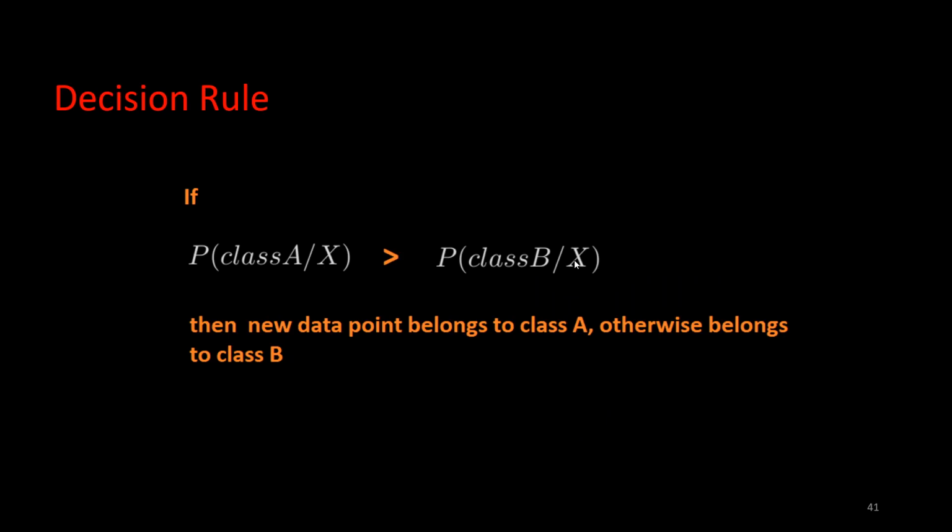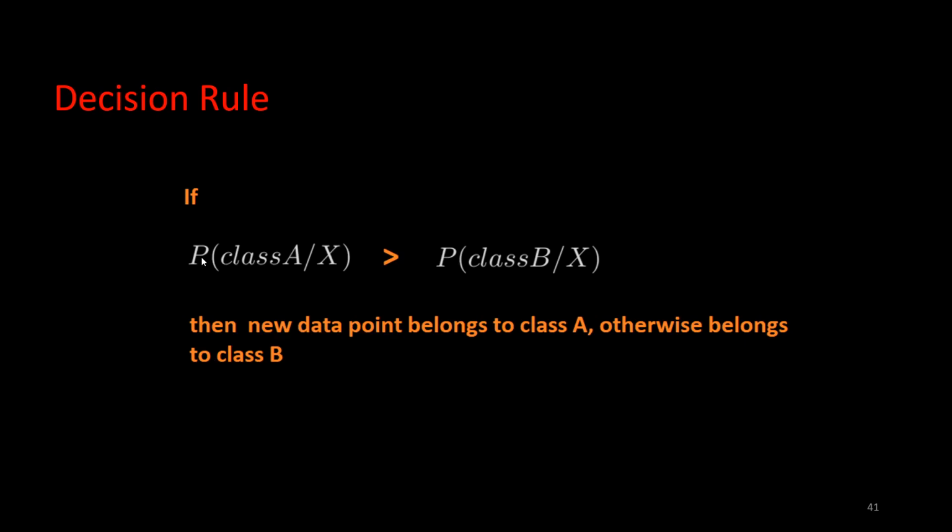Similarly, what is the probability that it belongs to class B? Based on the values of these conditional probabilities, we will decide in favor of a class. If the probability of class A is greater, then the new data point will belong to class A. Otherwise, we will decide in favor of class B. So this is the decision rule which we have set.